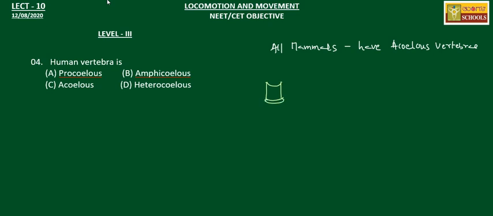You can see here there is a cavity, this is a coelus, so that's the anterior region, and say this is the posterior. The posterior region has a convex side, whereas the anterior region has a concave surface.